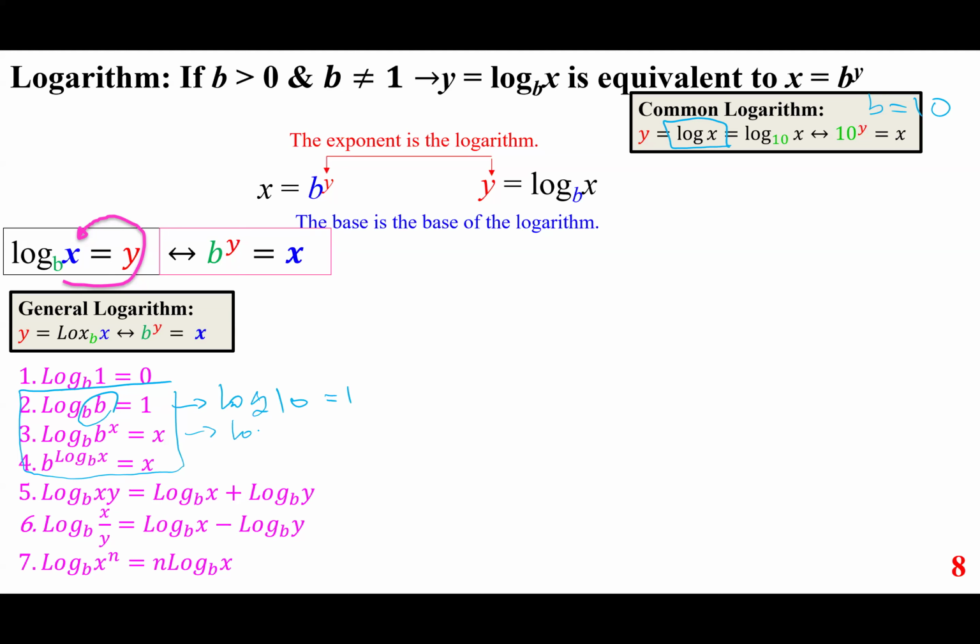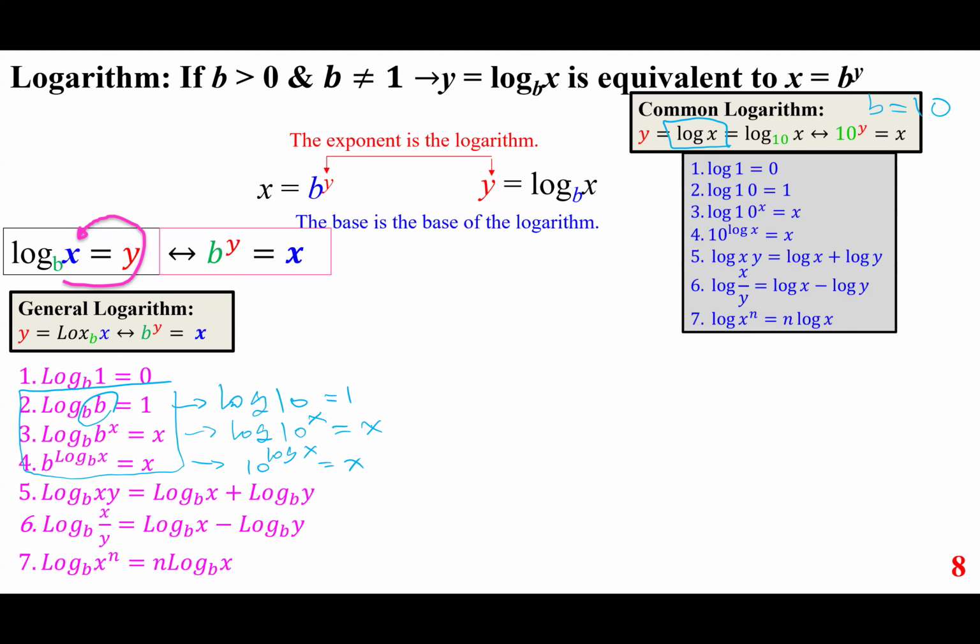You write log, you don't write the base is 10, so 10 to the power of x must be x. What about this one? Remember, the base is b, so you got to change it to 10. And you get the following. So I hope you see the transition.